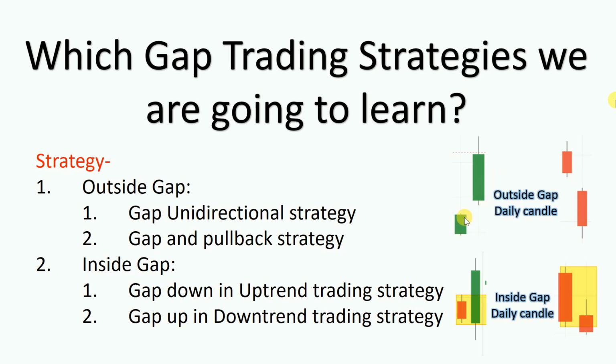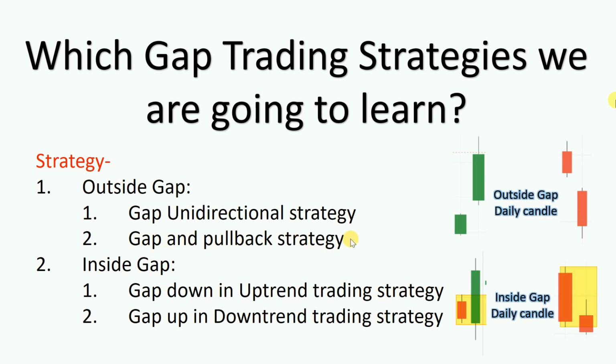In this case it is gapping up and it is an outside gap. In this case it is gapping down and it is also an outside gap. Based on this outside gap, we will see two types of gap trading strategy, which are the gap unidirectional strategy, and second, the gap and pullback strategy.